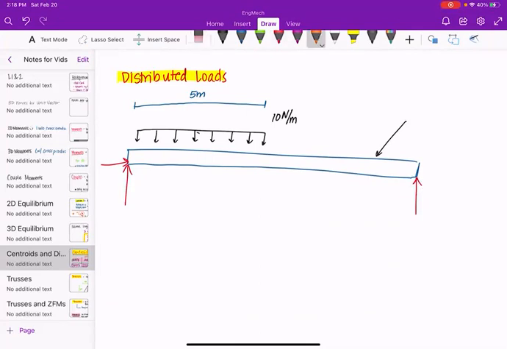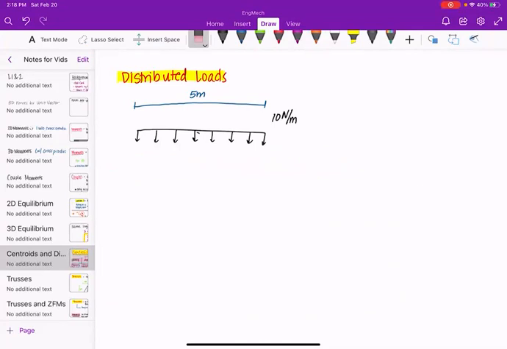If I need to solve a moment equation, how do I do that? The premise is, if I can simplify that to a point load, then I can solve it, because ultimately a distributed load is equivalent to a point load, or just one single arrow.